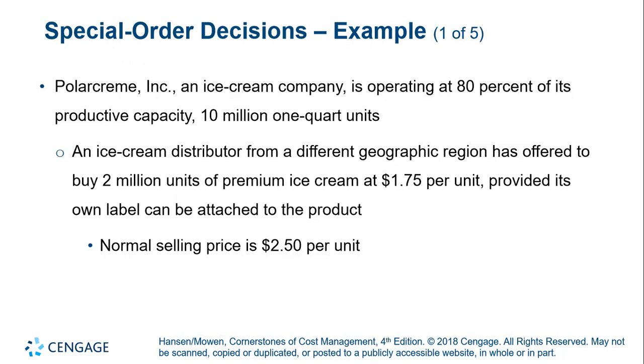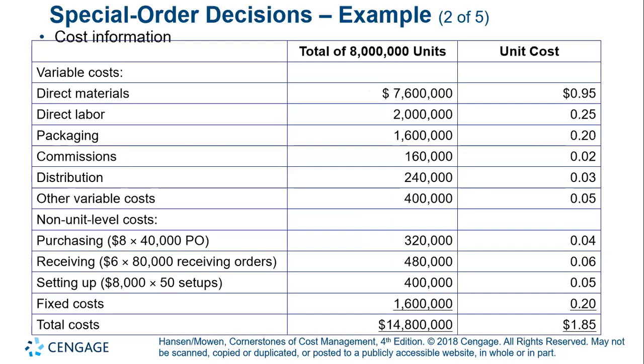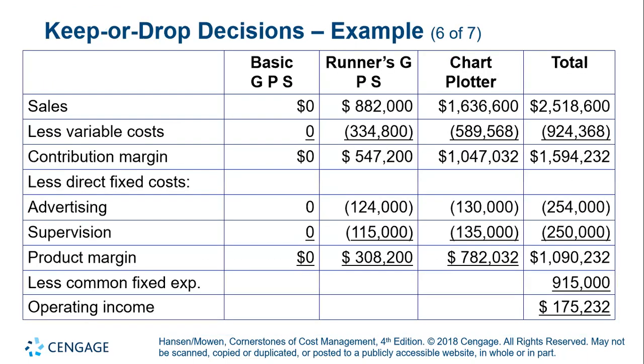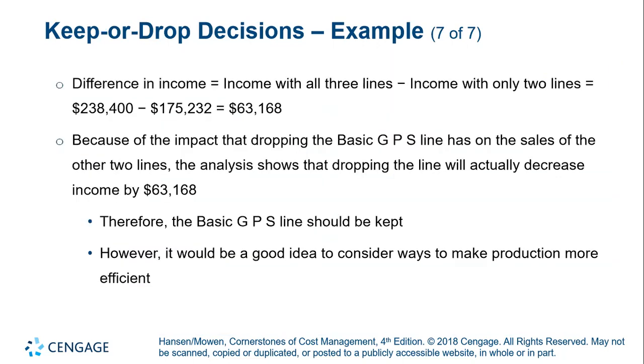However, this time for a special order, it will only be sold at 1.75. So if you continue with the special order, we have the unit cost of direct materials at 1.95 for the direct materials cost.